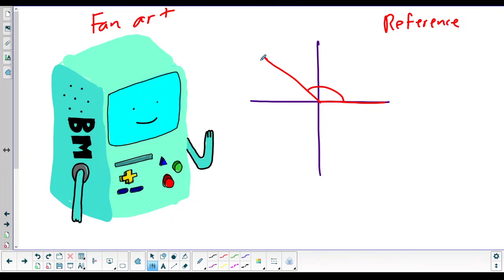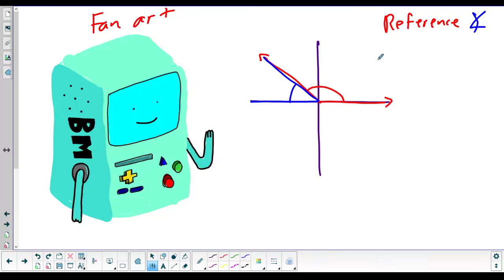And what a reference angle is asking for is the distance in degrees or radians from the terminal side, which is the one that's not laying on the x-axis, to the nearest x-axis. So the nearest x-axis to this terminal side would be this one right here. So what they're looking for is this blue angle I just drew.